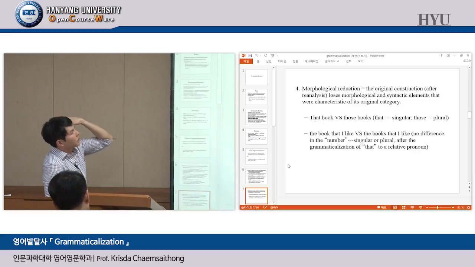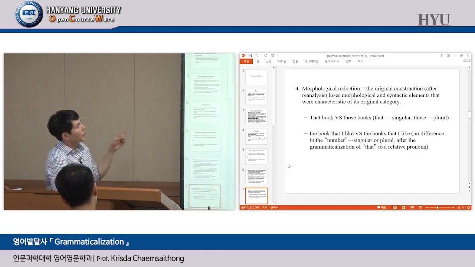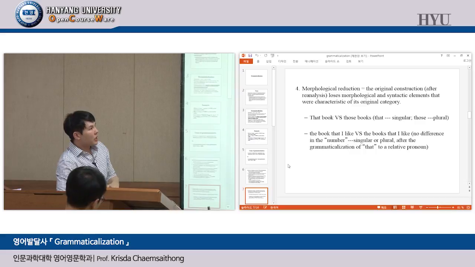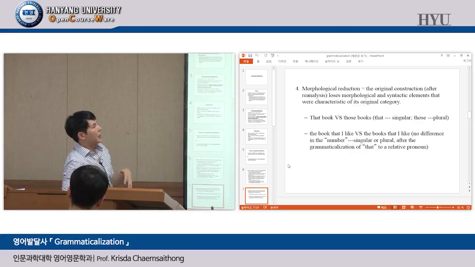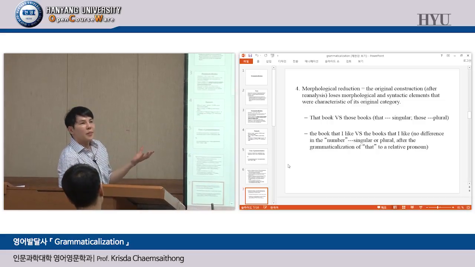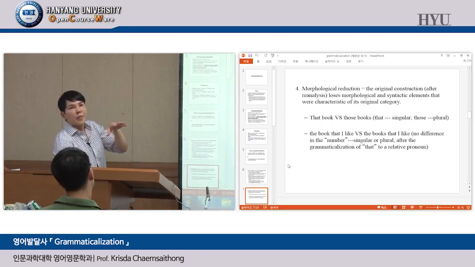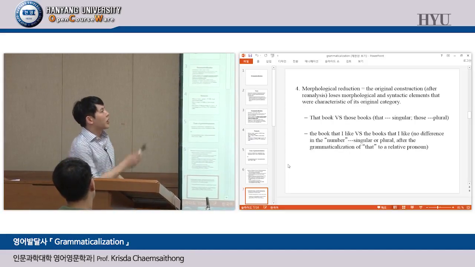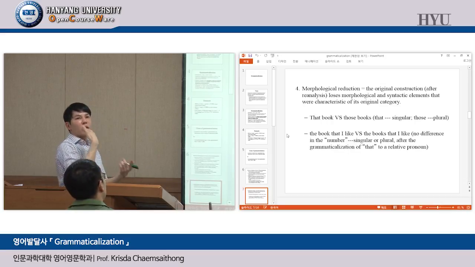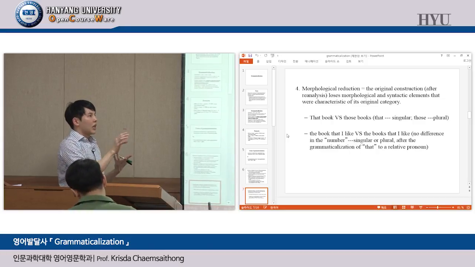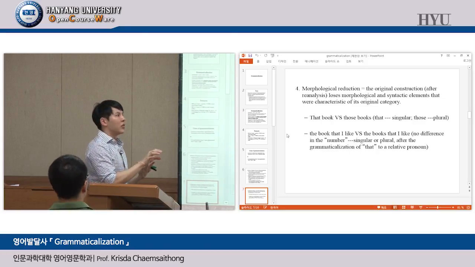And the next process that you might see is morphological reduction. So the original construction loses morphological and syntactic elements that were characteristic of its original category, right? So what do I mean by this? Singular and plural, for example, are lost. So that book, those books. In Old English, you remember, you have to use that and those according to the gender, according to the number, according to the category of the noun, right?